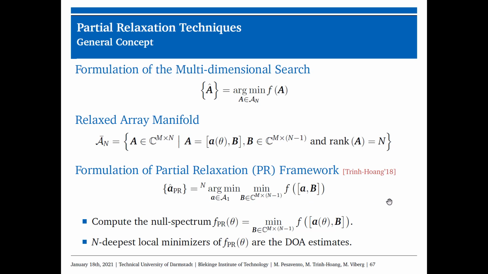Due to this relaxation, the optimization problem is generally easier to solve, and we can obtain a closed form expression for the minimizer of B in some cases. The minimum of this inner optimization problem corresponds to one value of the null spectrum at the direction A of theta. Then we perform a spectral sweep over the full field of view to search for the n deepest local minima of the null spectrum. These locations are our DOA estimates.